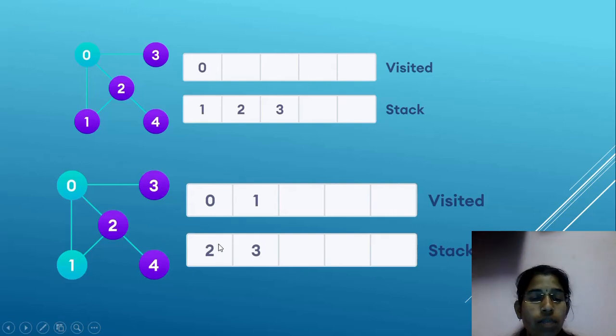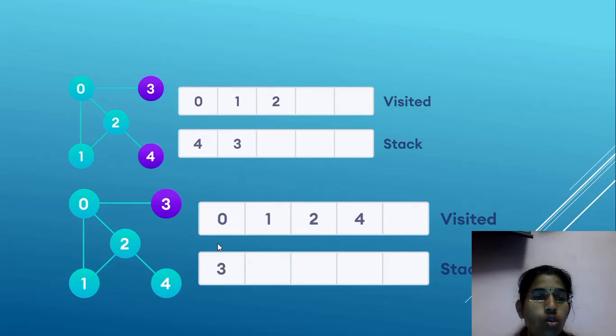Next the top element is 2, so I visit node 2. Node 2 is visited and added to the list. The two adjacent nodes are 4 and 0. The 0 is already visited, so ignore. Now we push 4 into the stack.